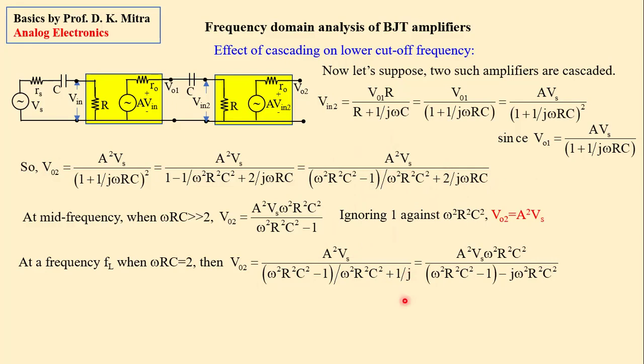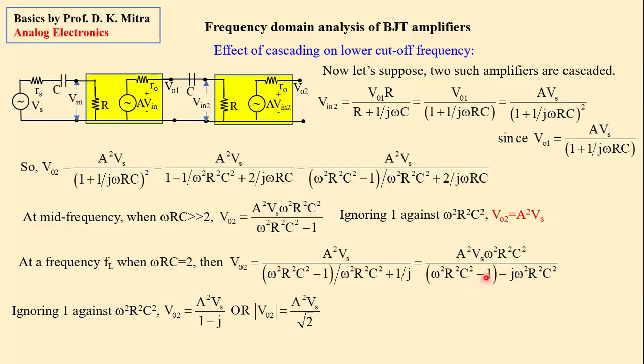Now, if I multiply omega square R square C square in both numerator and denominator, it becomes A square VS omega square R square C square divided by this factor. Omega square R square C square multiplied by 1 by j becomes minus j, right?